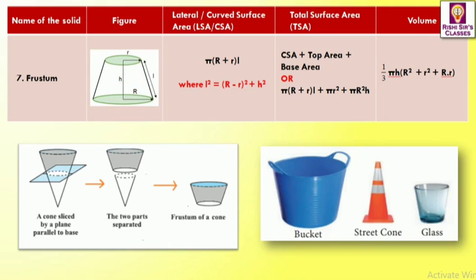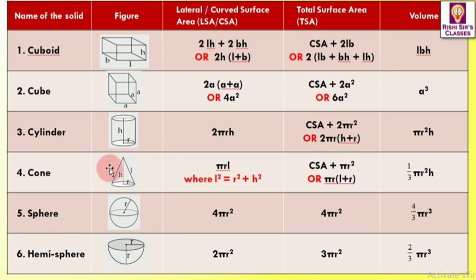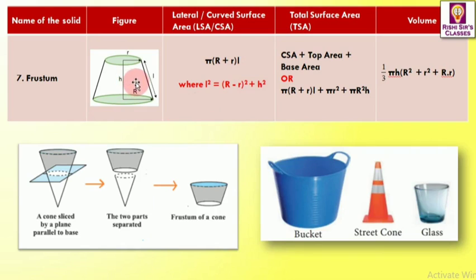Now, if we are talking about the formula, there are similarities between the frustum and the cone. Let's check it out. Cone is pi r l and the frustum is pi (R plus r) l. Basically in frustum we are having two radii, one the greater radius, and second the smaller radius. L, H will remain as they were in the cone.